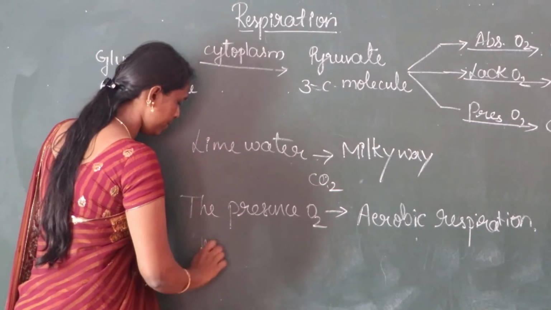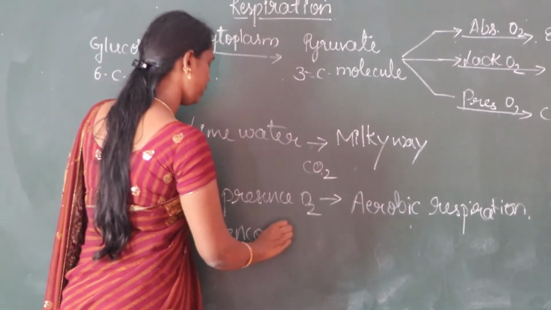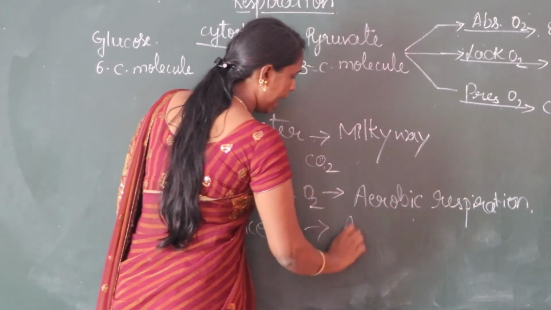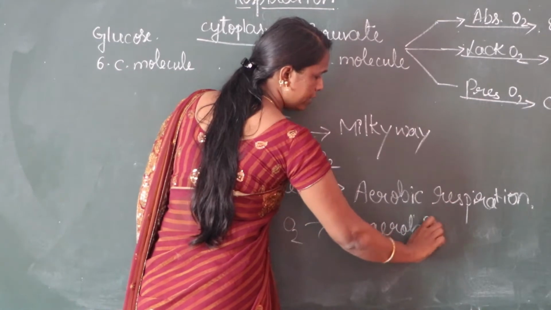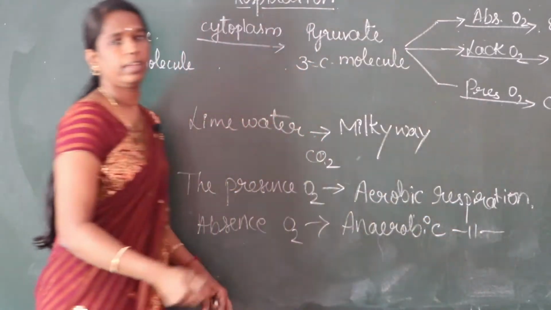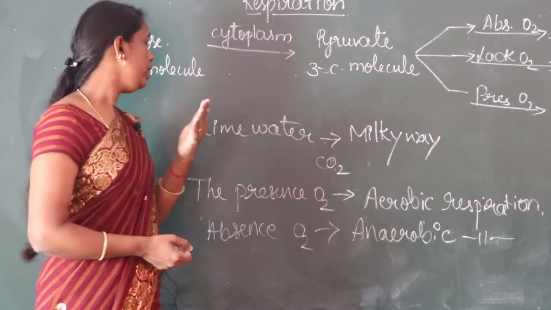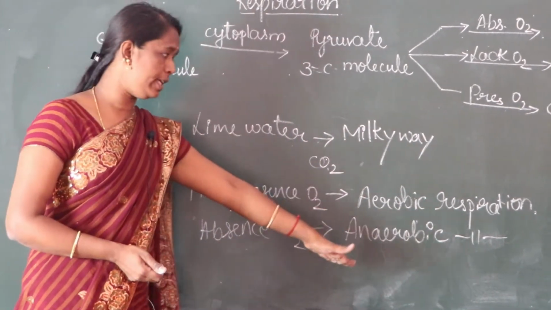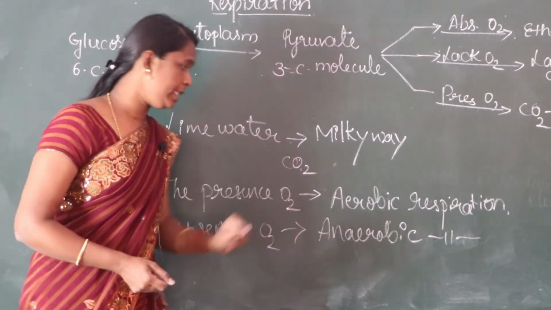Absence of oxygen is called anaerobic respiration. We take oxygen and give out carbon dioxide. So there are two types of respiration, aerobic respiration and anaerobic respiration.